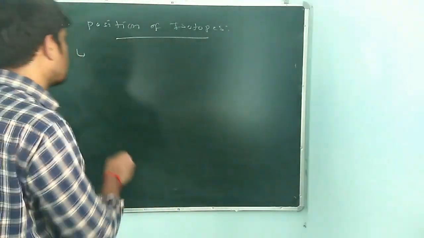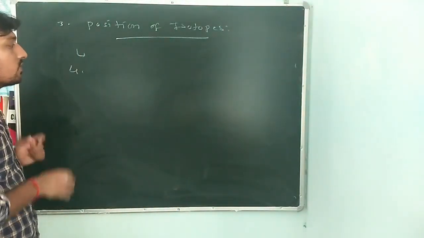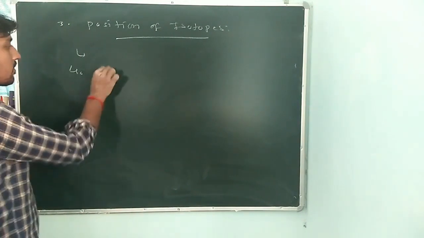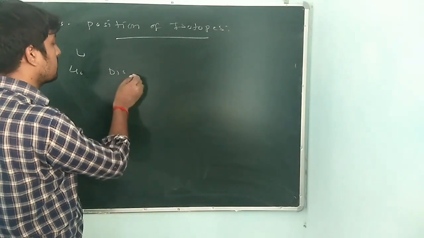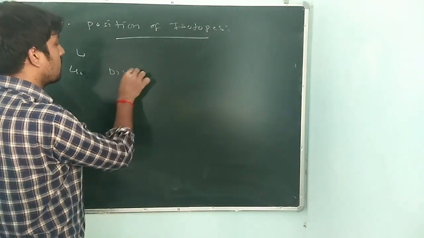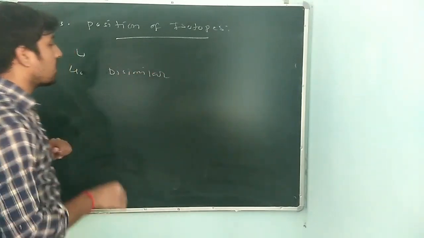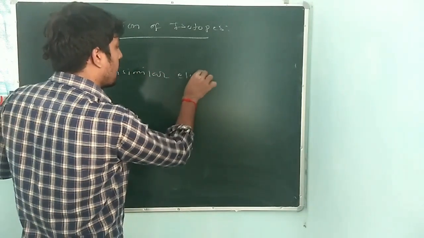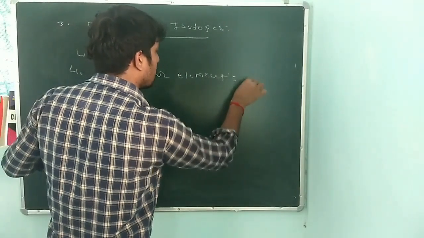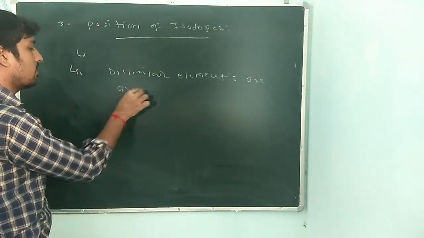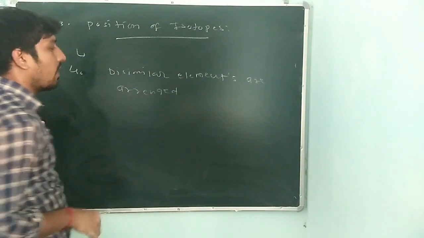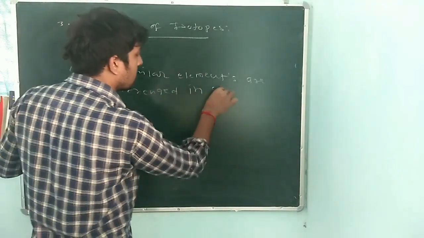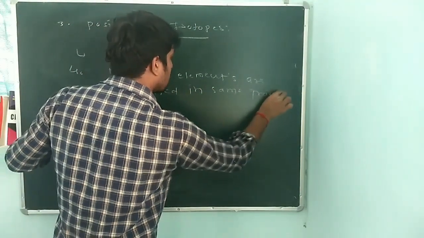And the fourth defect is that dissimilar elements are arranged in the same groups.